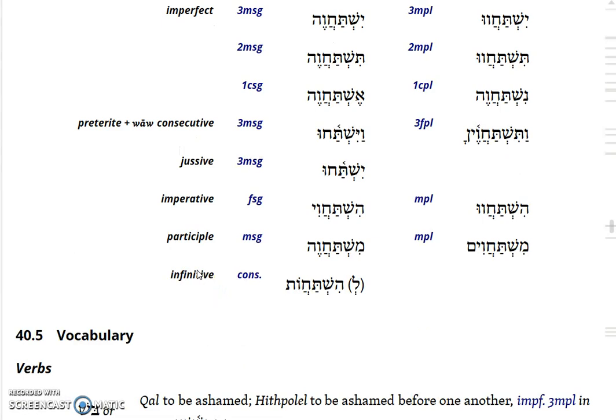So that's that particular rather common form, the hishtafel form of chava. And it means to worship or to bow down, to prostrate oneself, as sometimes to kings. But that's the meaning.